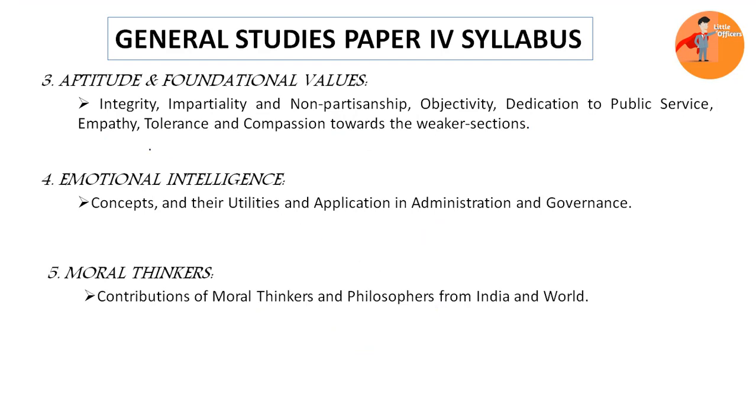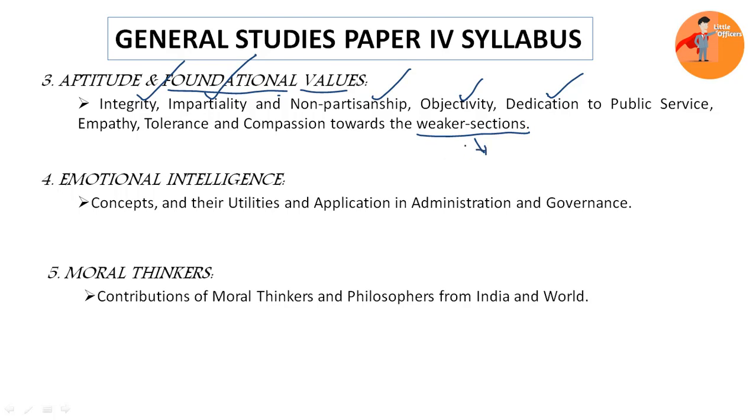Then the third one is related to aptitude and foundational values. Here we will be looking at important foundational values for civil servants such as integrity, impartiality, non-partisanship, objectivity, dedication to public service, empathy, tolerance and compassion towards the weaker sections. Clear?